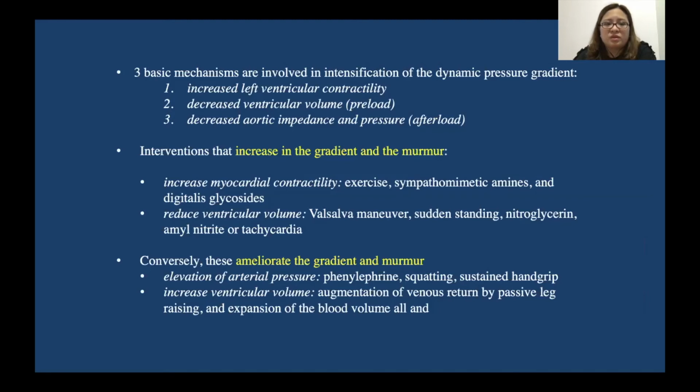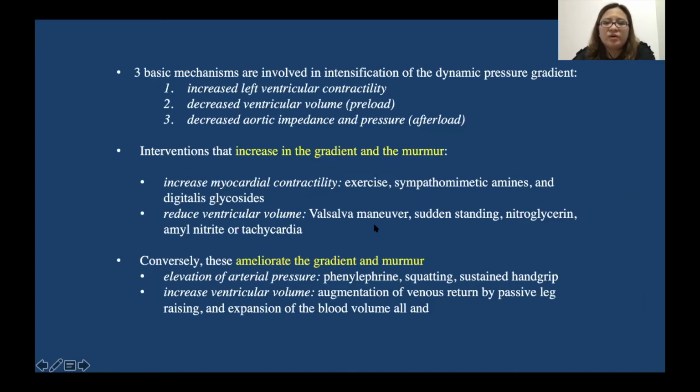So you have to memorize this, no? What are the interventions that cause an increase in the gradient and the murmur of HCM? So exercise, sympathomimetic agents, and digitalis cause an increase in the gradient and accentuate the murmur of HCM by increasing the myocardial contractility.